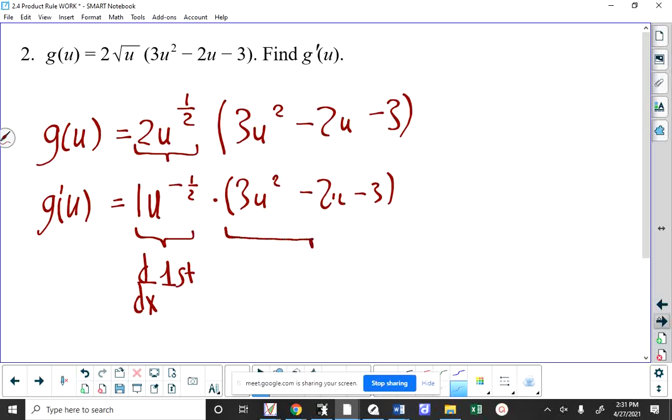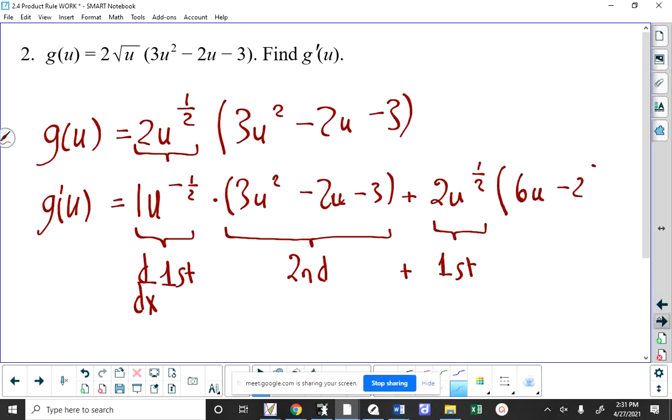This is the second. So this is half of the product rule. Derivative of the first times the second, plus 2u to the half. So this is plus the first times 6u minus 2.